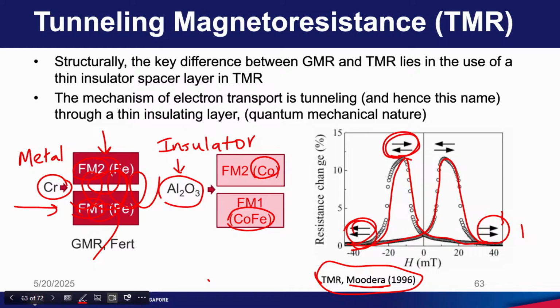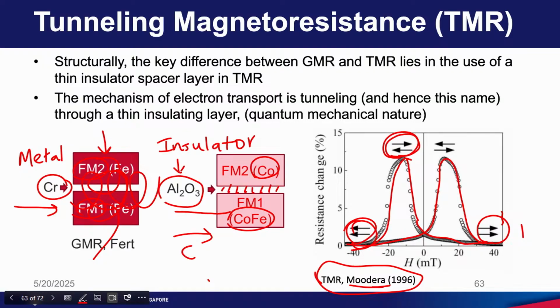But in the case of TMR, the tunneling magnetoresistance, we cannot use current in plane. If you send current in plane, then because of this insulator, the electrons do not go into the other side easily.